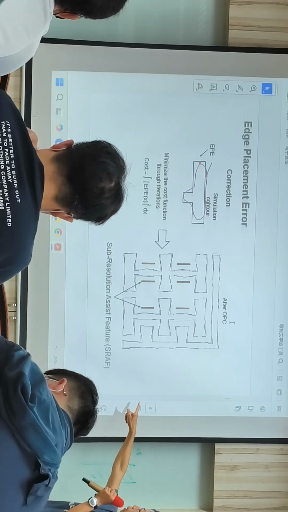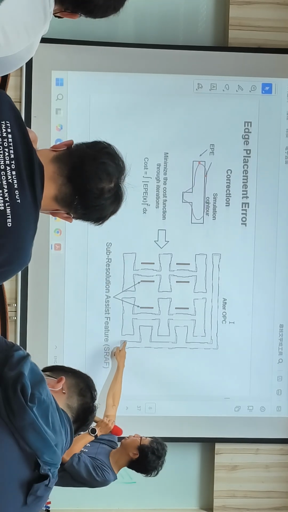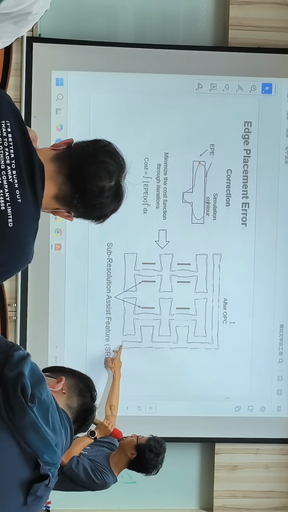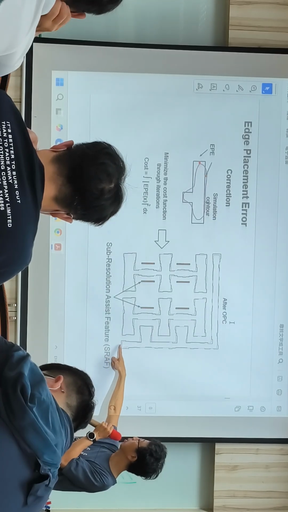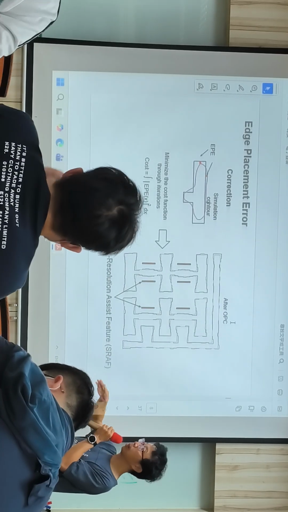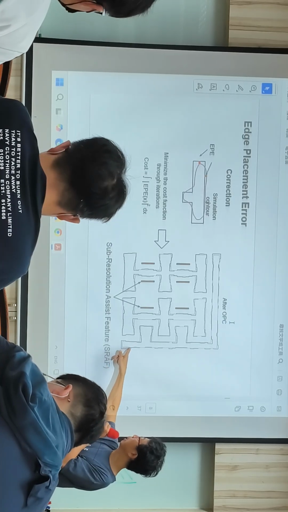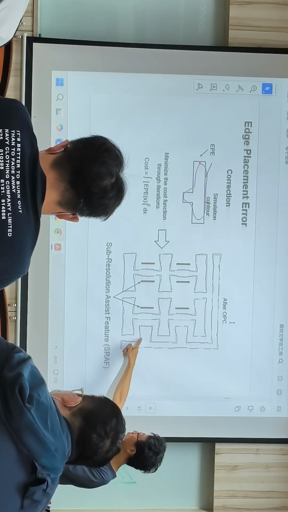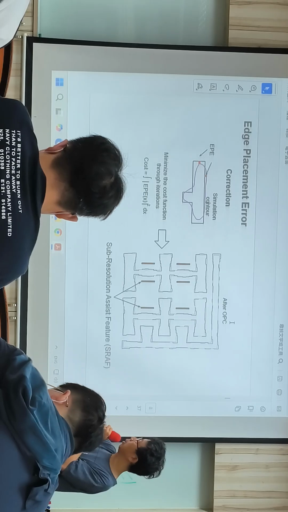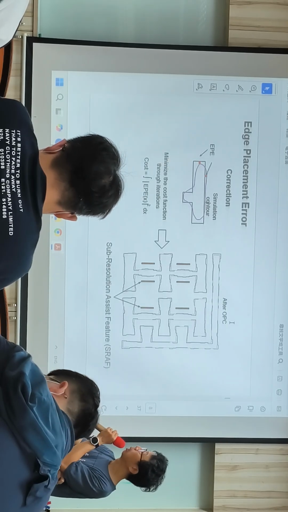And so after OPC is a black contour like here. But as you can see, it moves out a little bit over here to compensate the line edge shortening, and maybe does not move here, and this will come in here to compensate for the corner rounding.